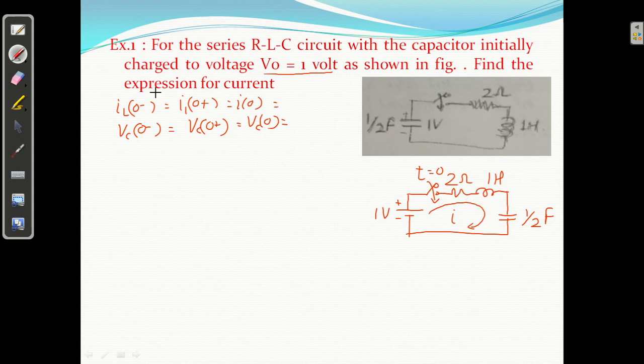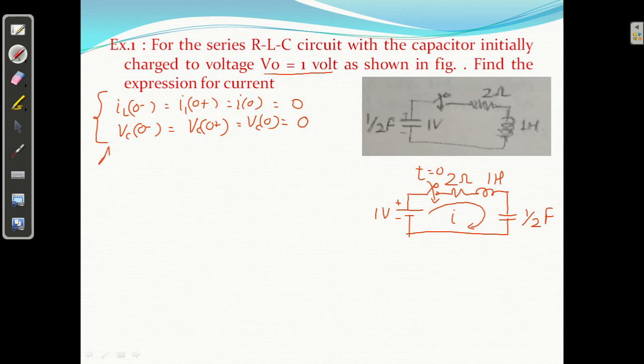So just before operating the switch the current was 0, and just after operating the switch the current will be 0 because the inductor opposes the change of current. Similarly, the voltage across the capacitor just before was 1 volt, so just after it will remain 1 volt. Here, in place of that, I am going to show a 1 volt source, so the capacitor I will show as not charged. So just before, the capacitor voltage was 0, and just after, the capacitor voltage would be 0. So these are the two initial conditions we have.